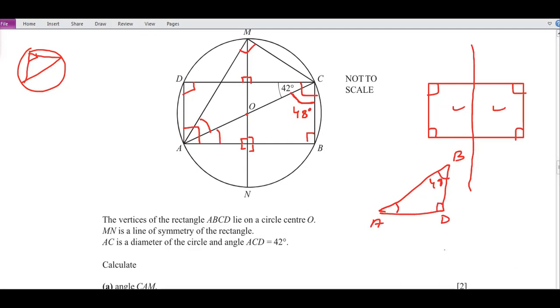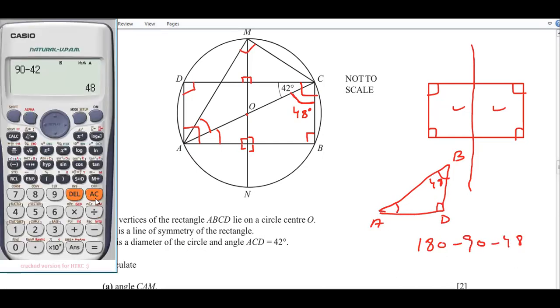Easily we can find that; it will be 180 minus 90 minus 48. Okay, let's calculate that. 180 minus 90 minus 48. So it's 42.